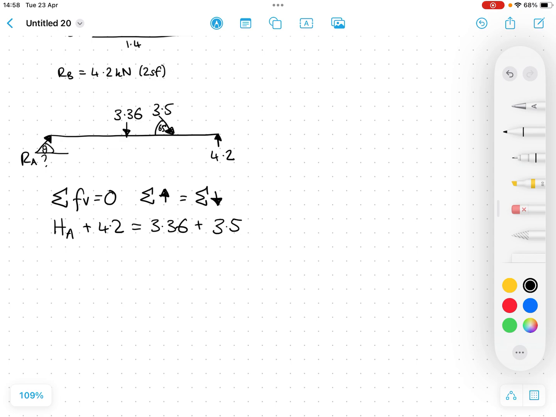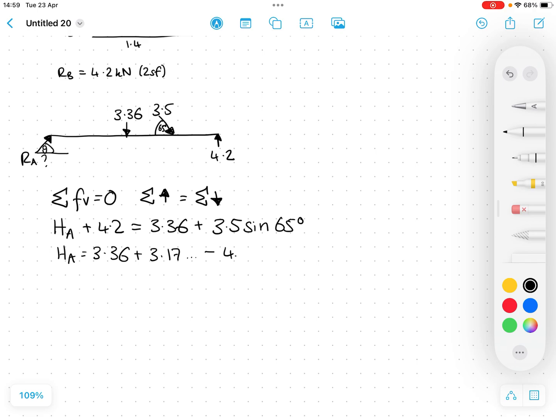We used that last time, so 3.5 sine 65 degrees. So my vertical component of A is going to be equal to 3.36 added to 3.17, etc.